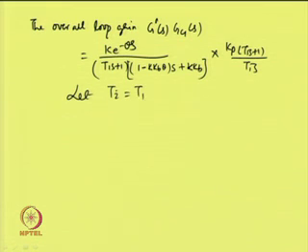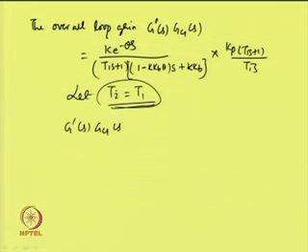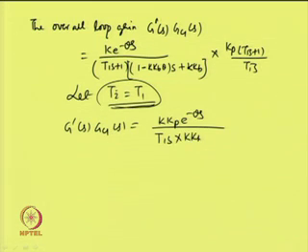Why do we take such assumptions? For ease in analysis of the overall loop gain, it is desirable to make this assumption. So, with this assumption the loop gain becomes G dash s G c 1 s is equal to K K p e to the power minus theta s upon T 1 s times K K b times (tau s plus 1).